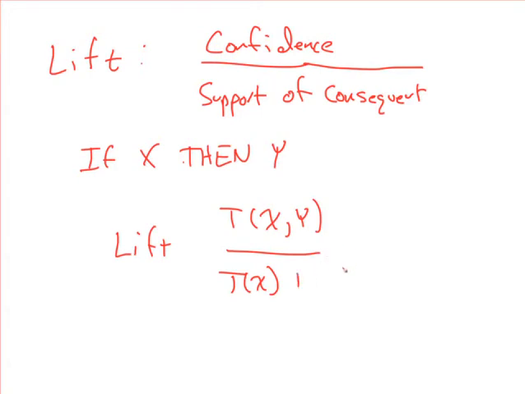What lift does is, okay, divide that by the consequent as well. And then what we end up with is something that depends on everything in all possible ways. This is where they appear together up in the numerator, x and y. And then here it's the number of instances where x appears, the number of instances where y appears.